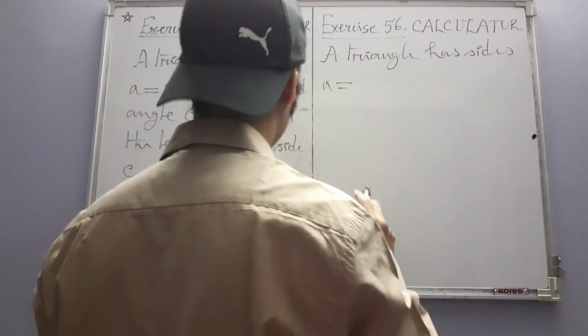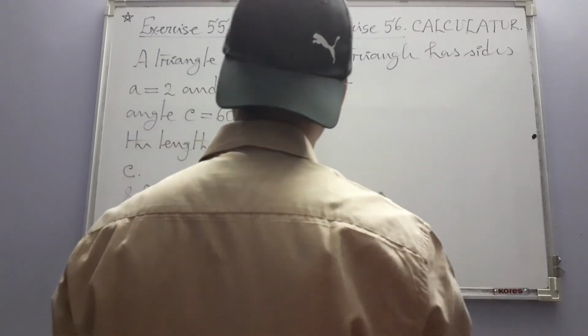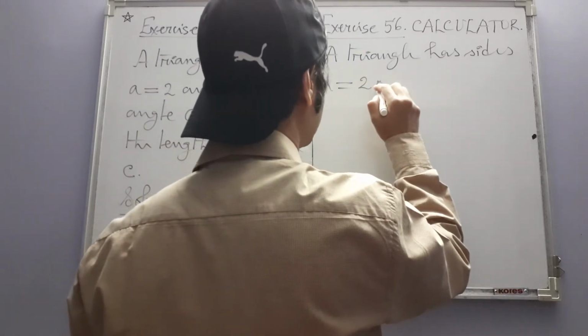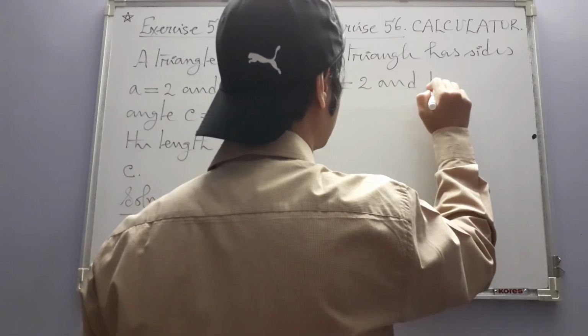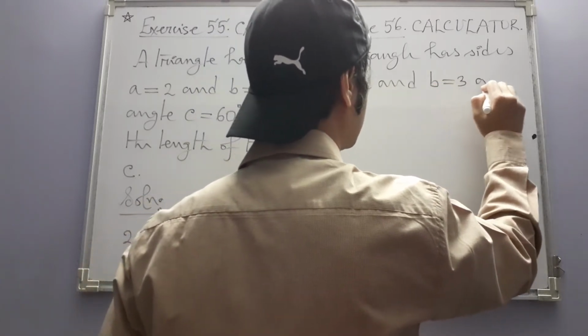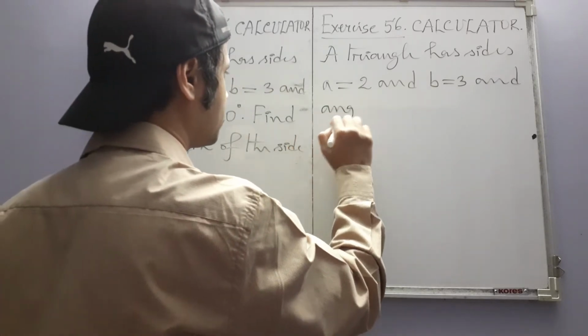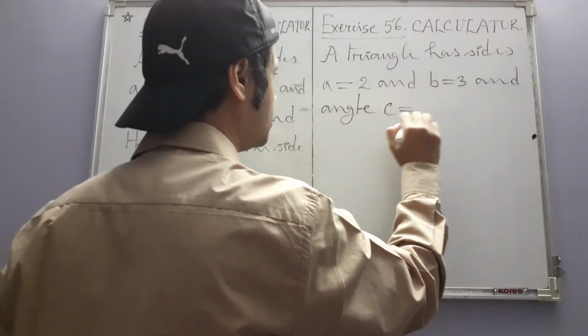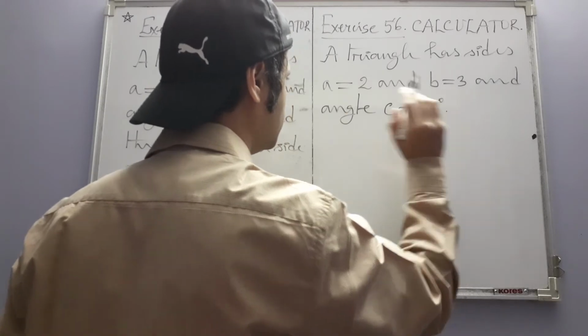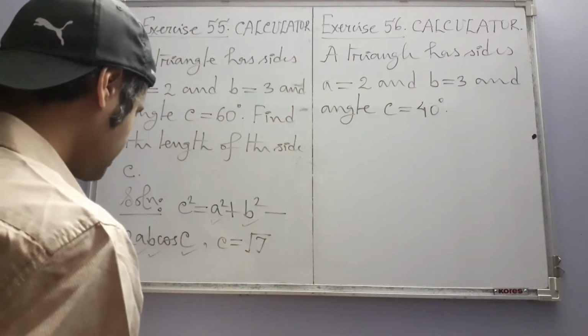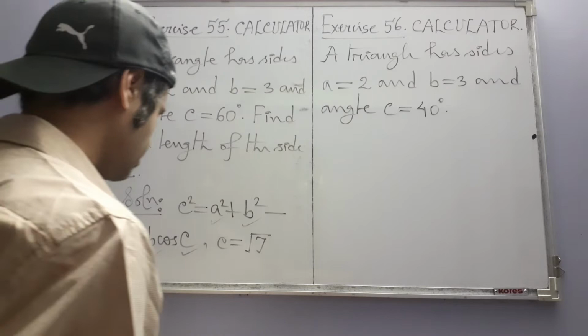So here a and b are the same, 2 and 3. And angle C this time is 40 degrees. So cos 40 is not a standard value.